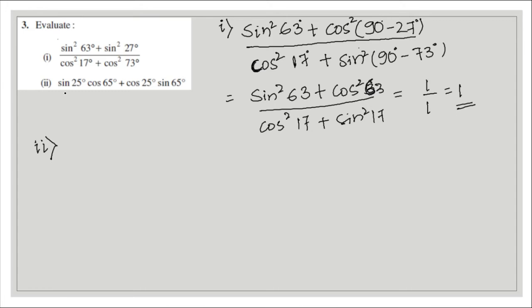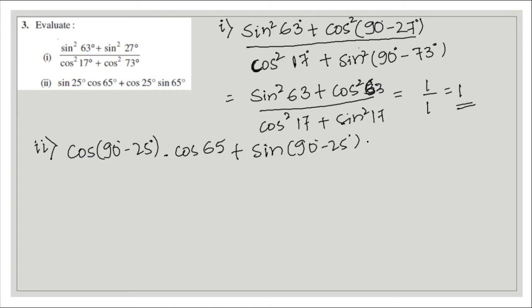In the second question, this sine 65 I will rewrite as cos of 90 degree minus 25 degree multiplied to cos 65 plus the cos 25 degree I'll write as sine of 90 degree minus 25 degree into sine 65 degree. So all the angles now are the same. In terms of 65 degree I have expressed.